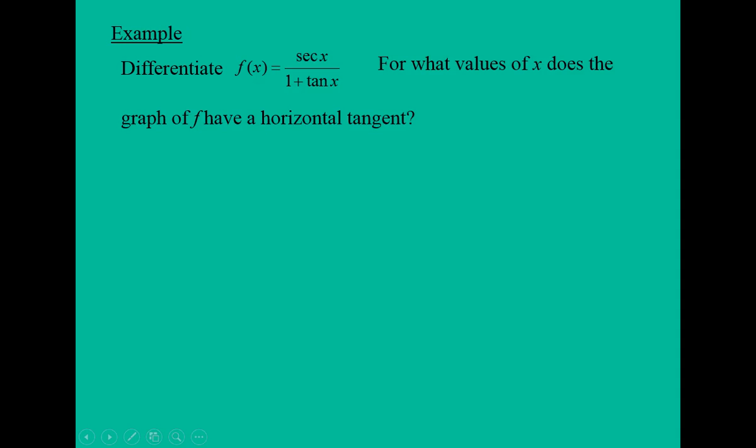Now it says, for what values of x does the graph of f have a horizontal tangent? So the slope of the tangent line would equal 0. So if we set the derivative equal to 0 and solved for x, we should be able to find for what values of x the graph of f has a horizontal tangent.